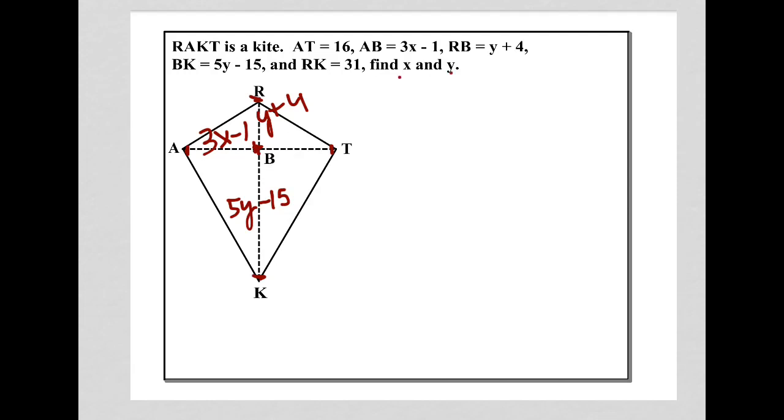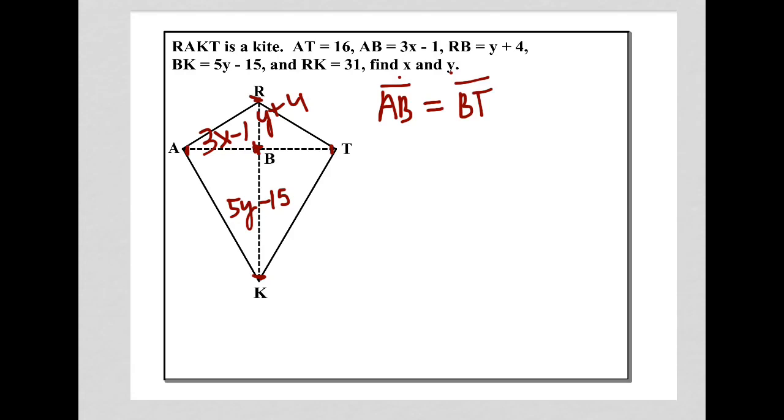So I need to start thinking about my properties of kites. I start with the fact that one of my diagonals is bisected. The one that's bisected will give me that AB equals BT. They are congruent segments, okay?